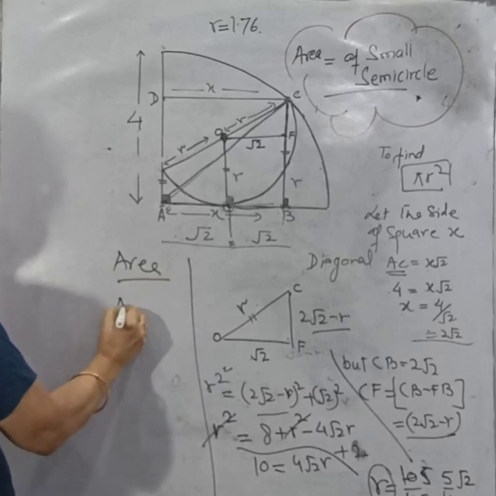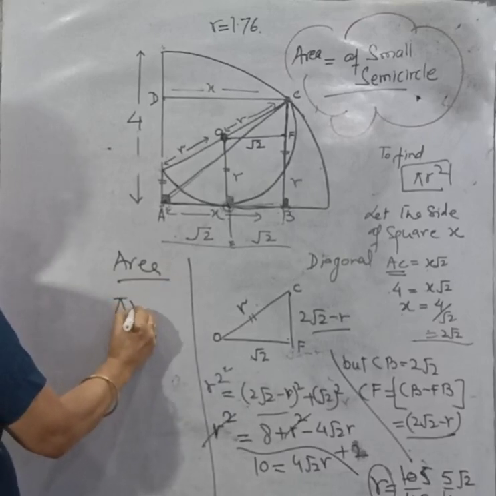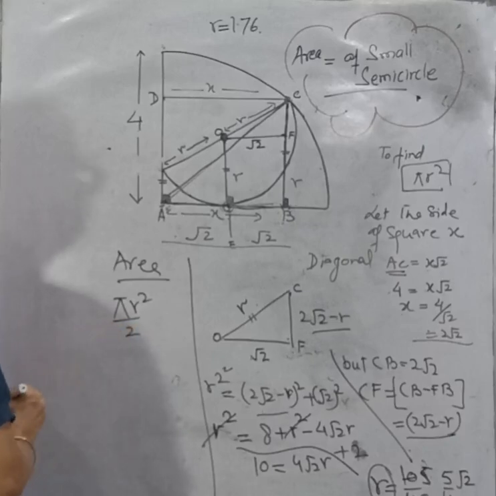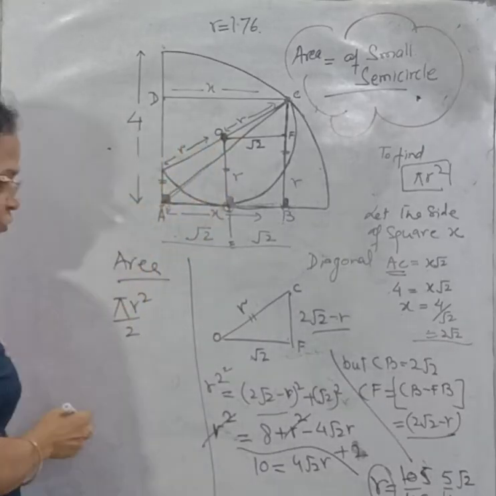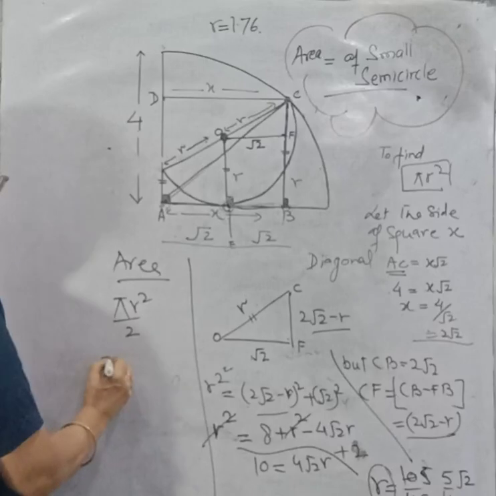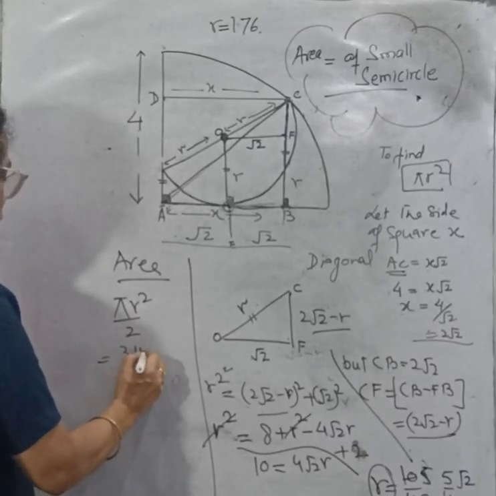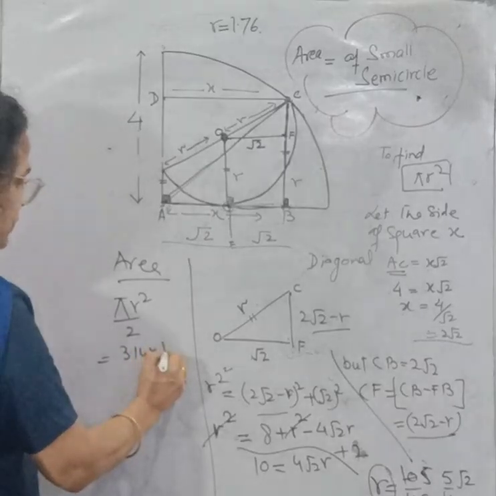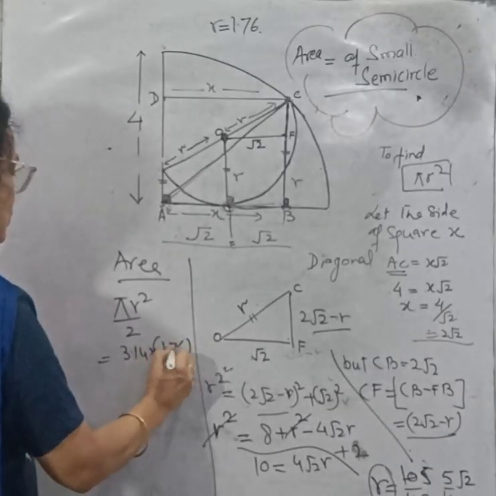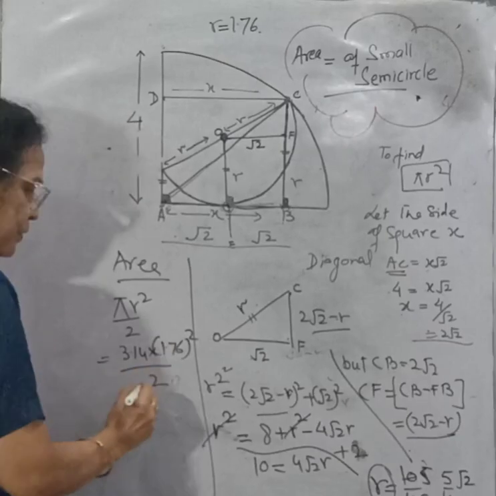So the area will be equal to pi into r square by 2. The semicircle area is to be obtained, that is equal to 3.14 into 1.76 whole square by 2.